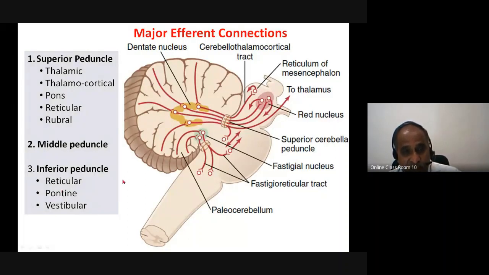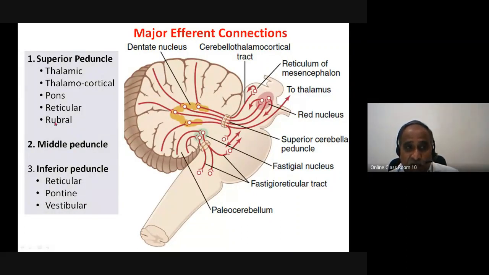Then we have the inferior peduncle that talks to the reticular system, the pontine and medullary reticular system, and the vestibular system. Look here, there are no efferents going to the spinal cord, because the spinal cord is connected with these reticular components. Reticulospinal, either from the medullary or pontine area, focuses on the gamma motor neurons. The vestibulospinal tract focuses on the alpha motor neurons.